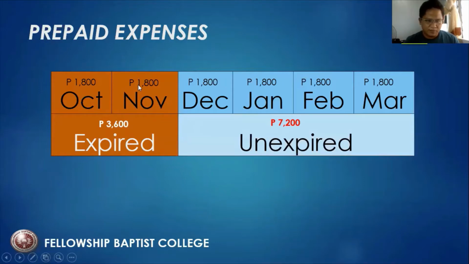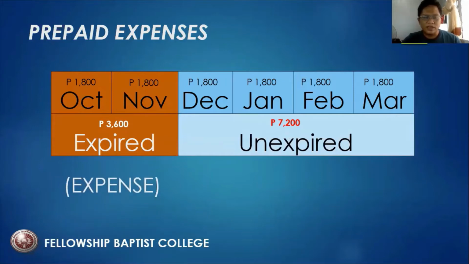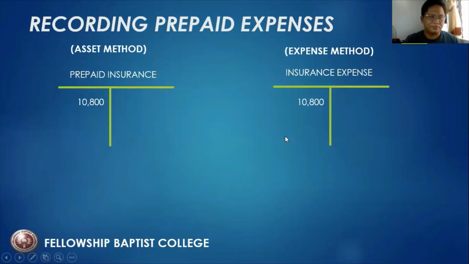That means 1,800 plus 1,800, or 3,600, is already expired, while the remaining four months, 7,200, is not yet expired. So the expired portion is an expense. The unexpired portion is an asset. I keep repeating these terminologies so it's easy for you to remember the concept.